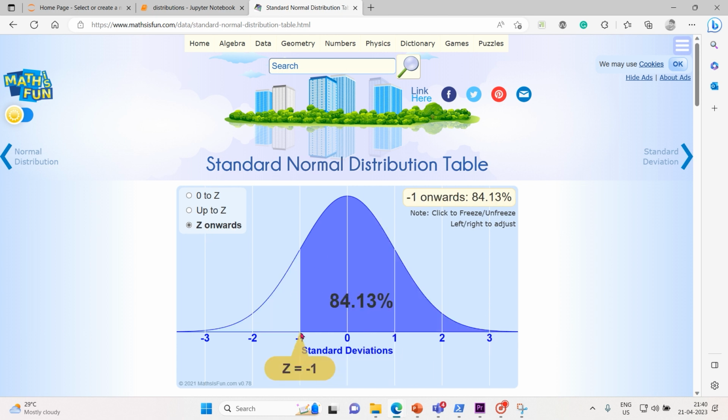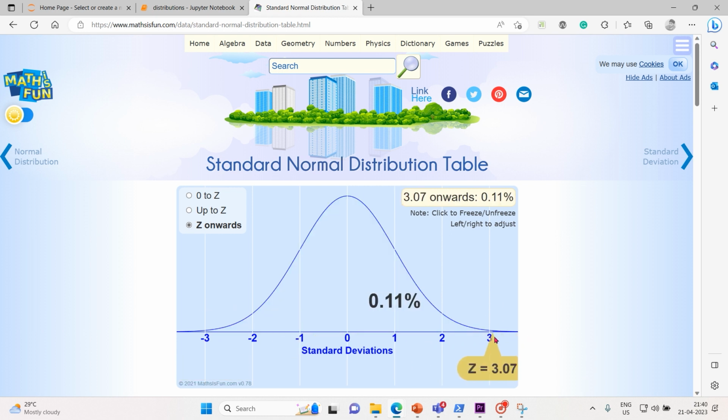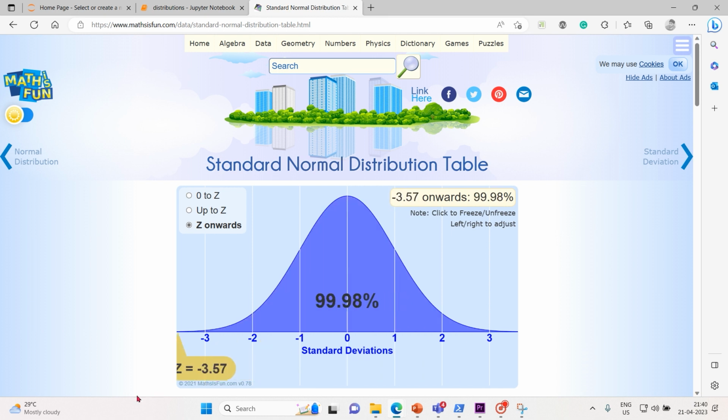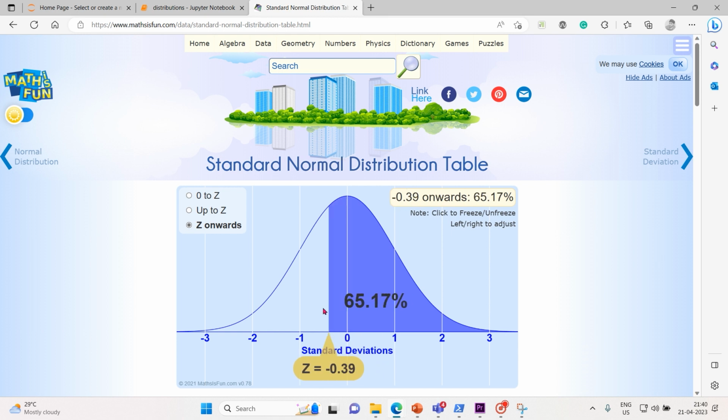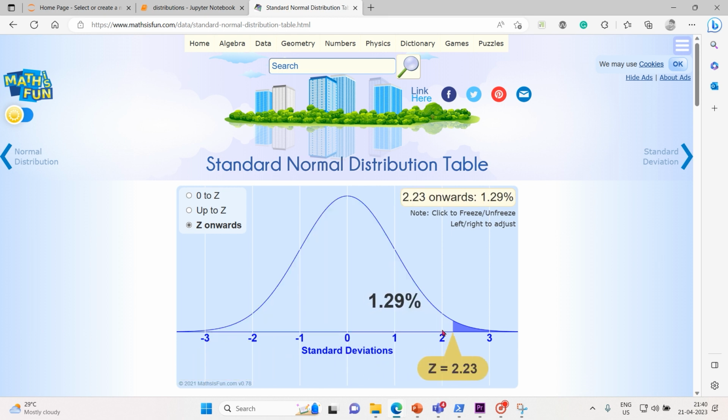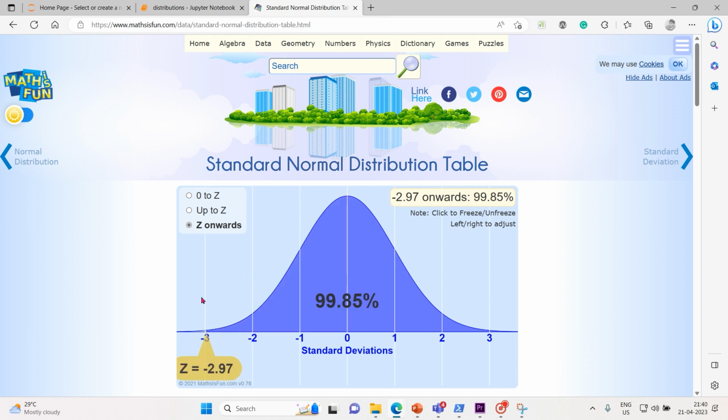Now let me go for the Z onwards. So somewhere we started from here. This is the Z. From here I started from this side. Again, this is 3, 0.21 percentage, 1, 15.62, 53.8, and 97.72 percentage. And that's it. This is how you take it.